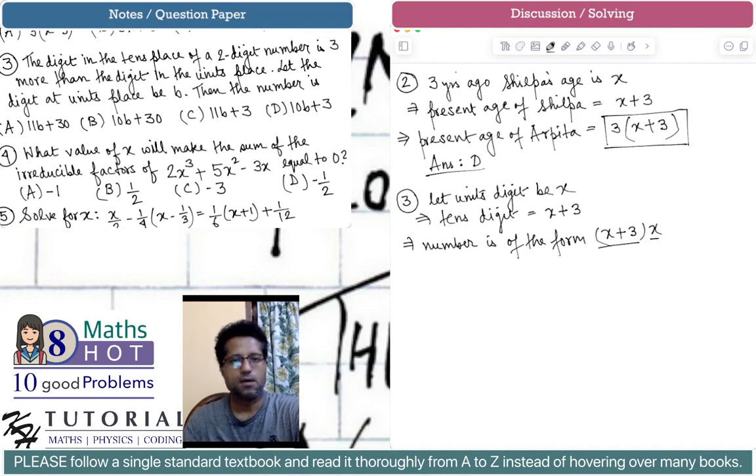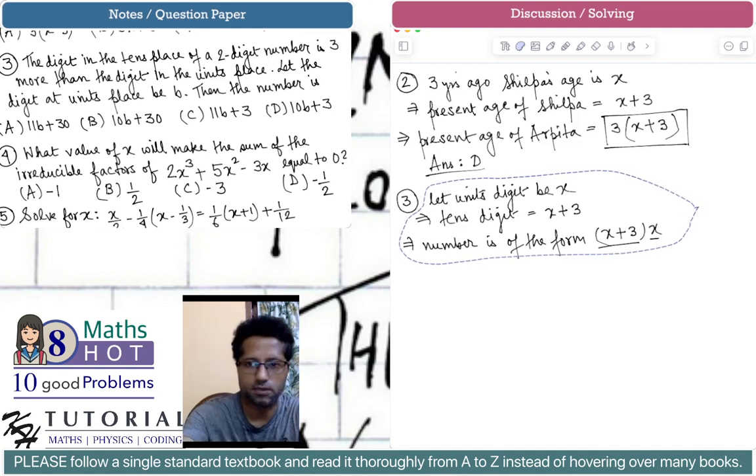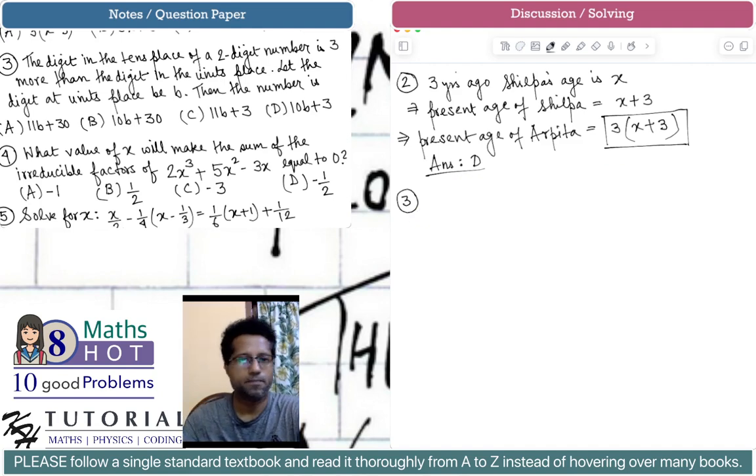Let the digit at the units place be b. Oh, sorry. I thought that we have to solve for the number, but actually it is not solving the number, it is something else. So it is given that the digit in the tens place of a two-digit number is 3 more than the digit in the units place. Let the digit of the units place be b.